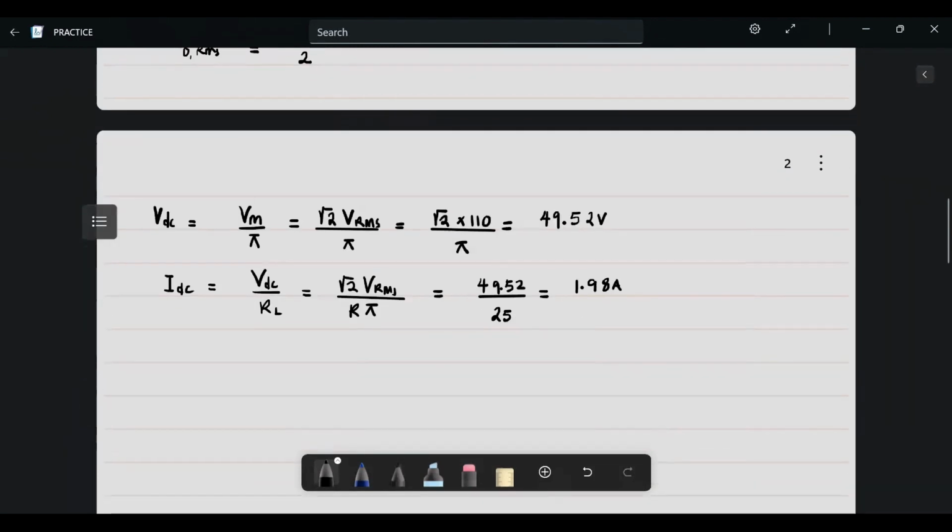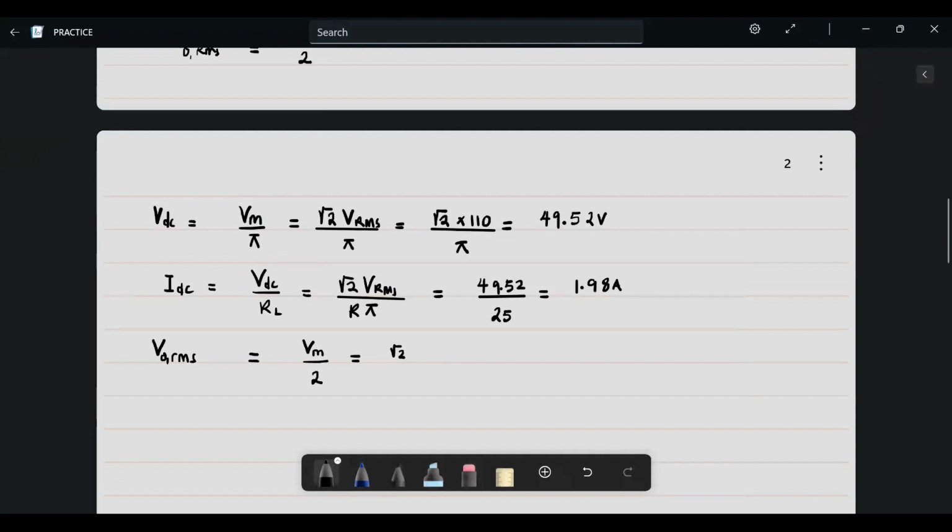Now we can find the RMS. So we also need the output RMS voltage. Remember, I just showed you how to do this: just Vm divided by 2. So what is Vm? Vm is simply the input peak voltage, and we don't have it.